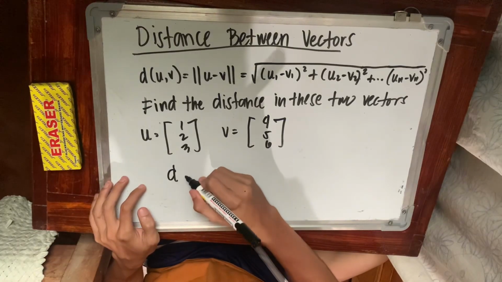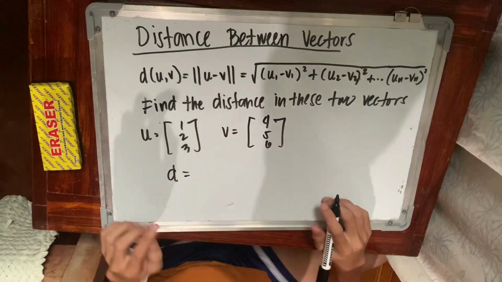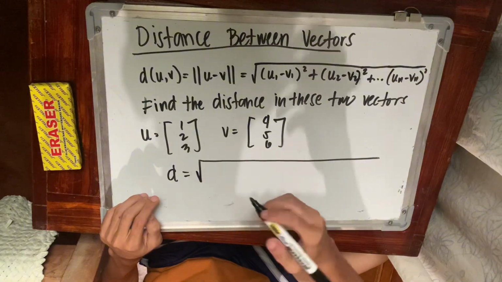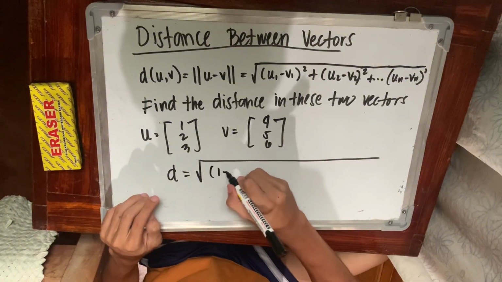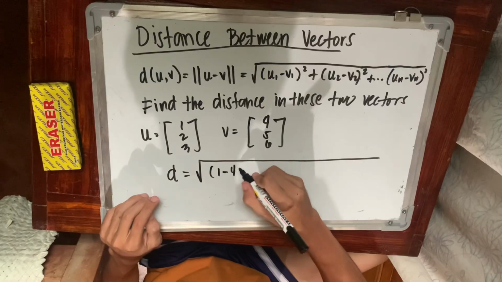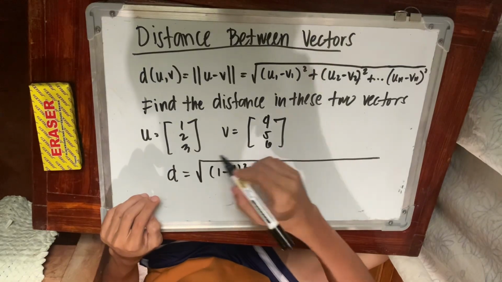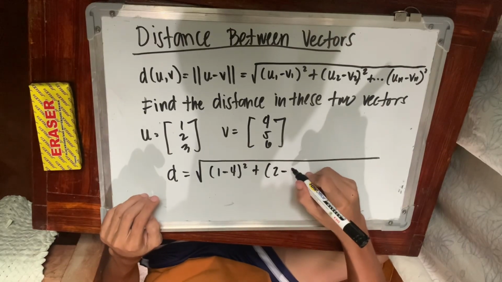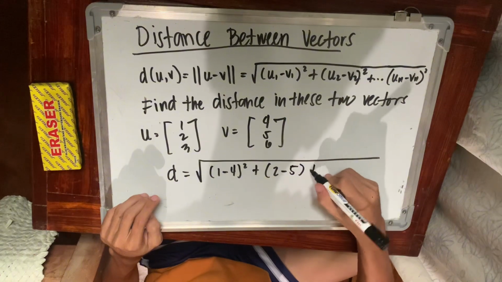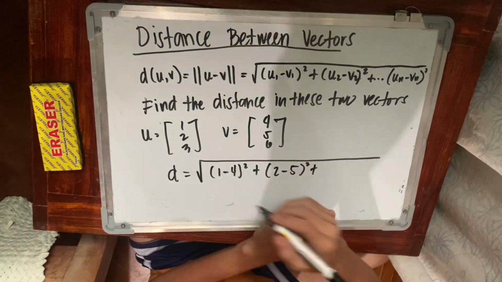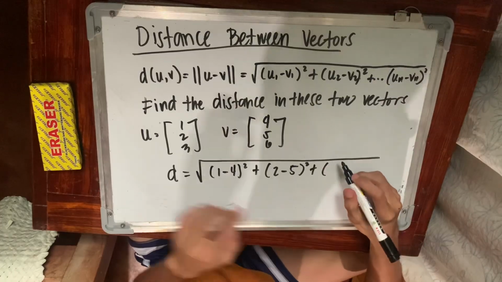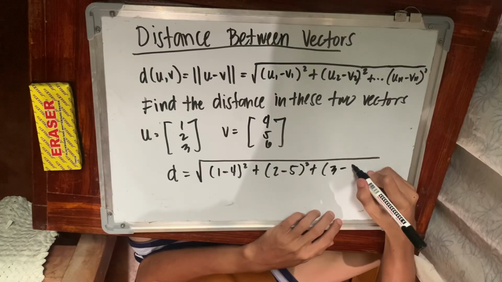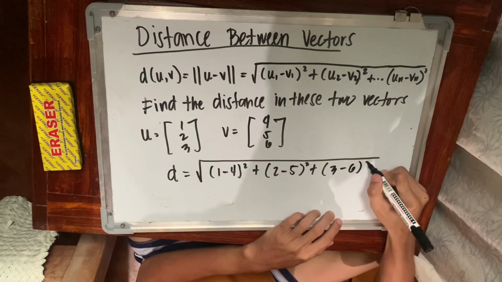Distance is equal to, what is our u sub 1? Our u sub 1 is 1 minus v sub 1, which is 4, squared, plus u sub 2, which is 2, minus v sub 2, which is 5, squared, and then u sub 3 is 3 and v sub 3 is 6, squared.